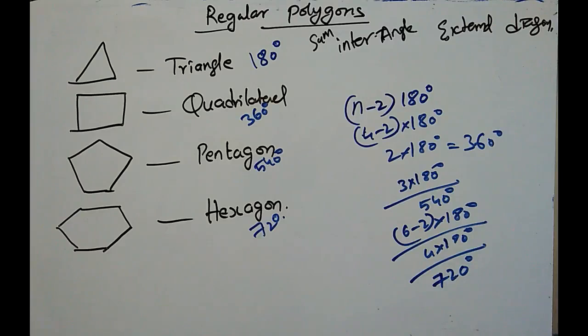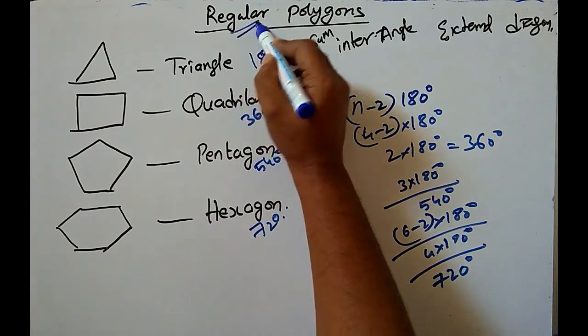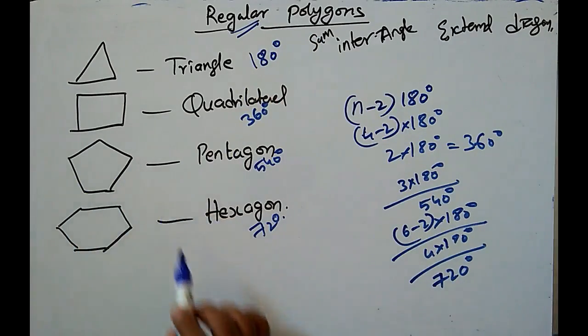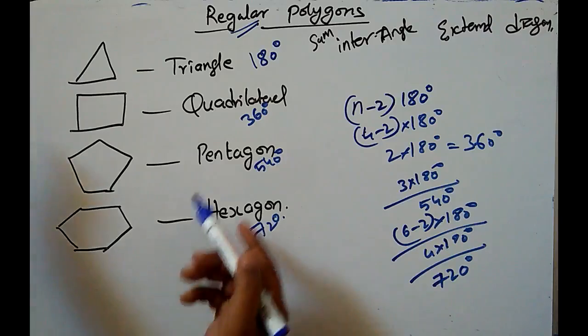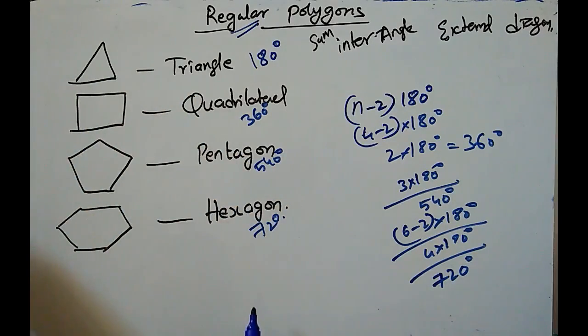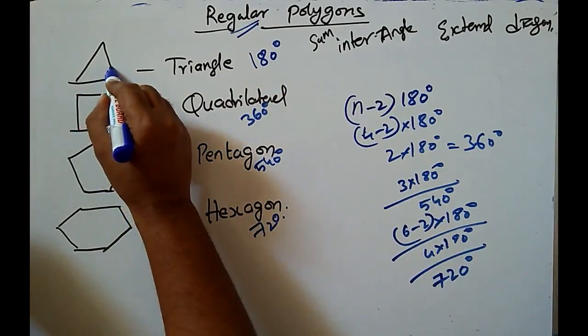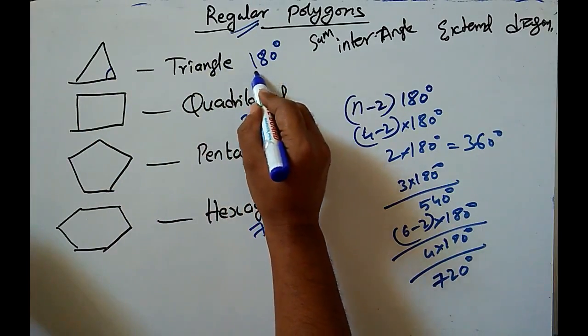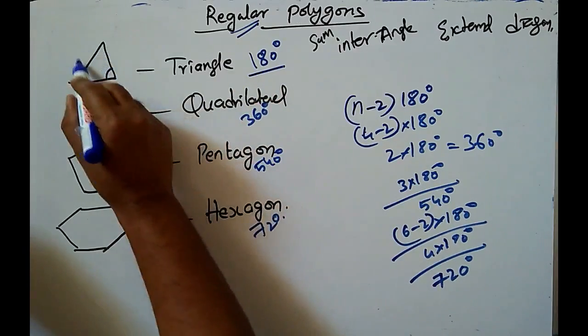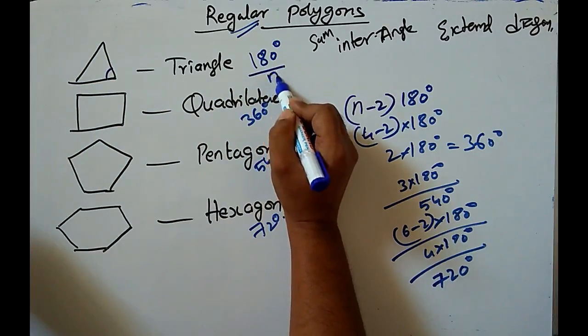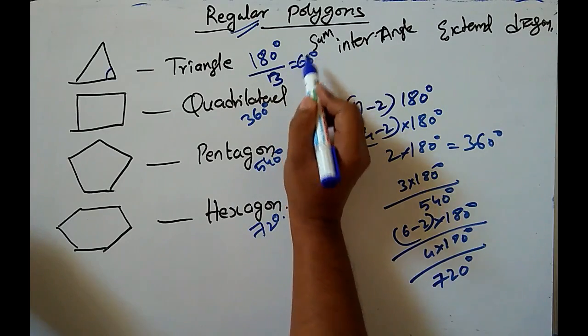Okay friends, then what is each internal angle of a regular polygon? If you talk about regular, it means all sides are equal. In the case of a triangle, it is an equilateral triangle. If all sides are equal, then each angle becomes total internal angle divided by number of angles, that is 180 by 3, that is 60 degrees.